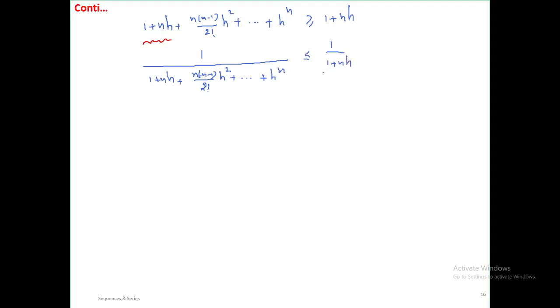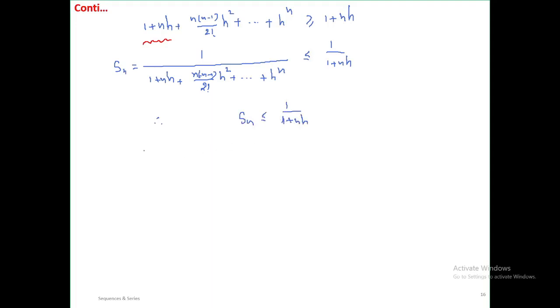Clear? Okay, I am just taking the reciprocal, so the inequality changes. But what is this? This is nothing but my Sn, right? This is my Sn. So Sn is less than or equal to 1 upon 1 plus n into h. So this will be the upper bound, 1 plus nh.